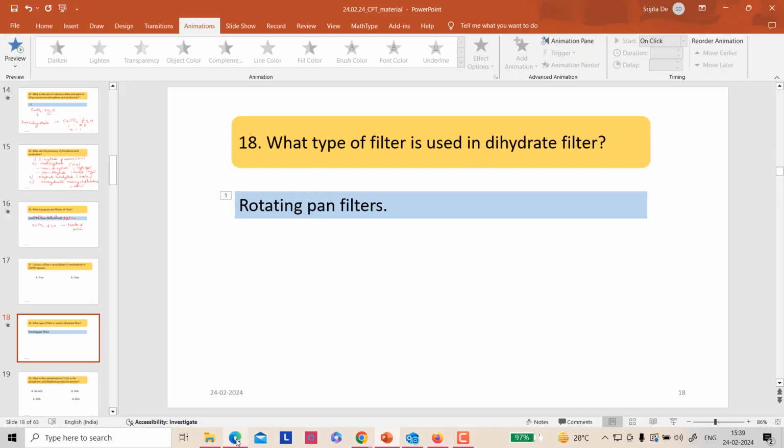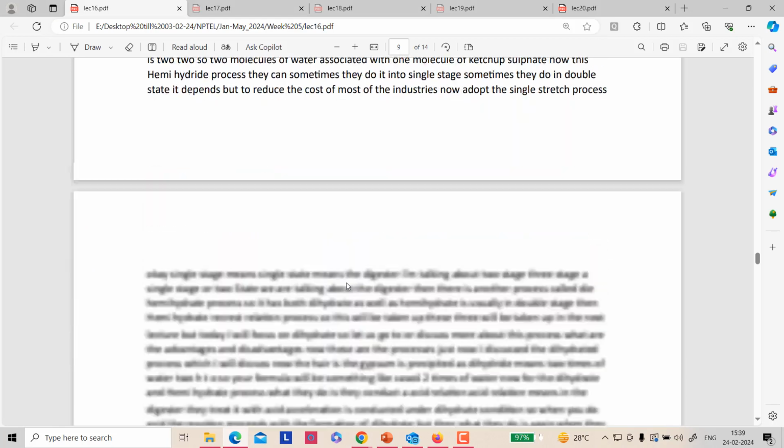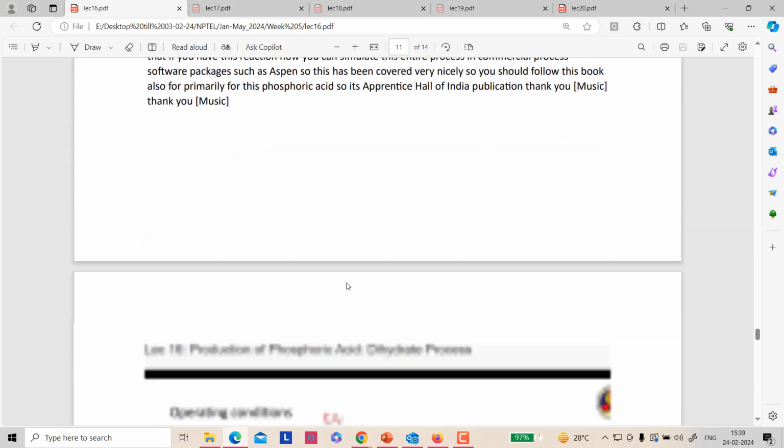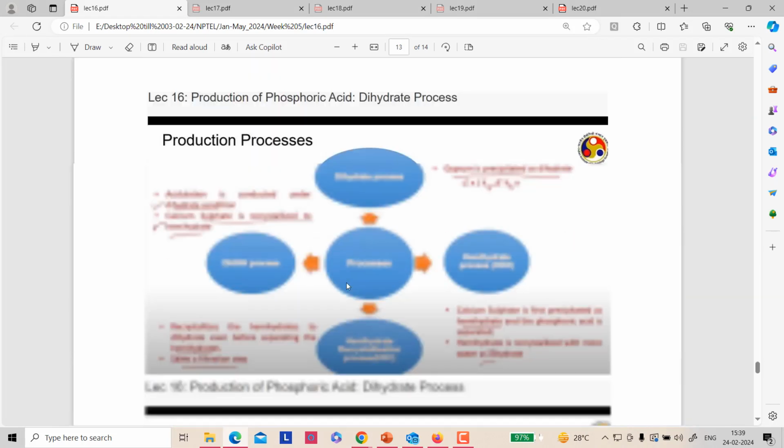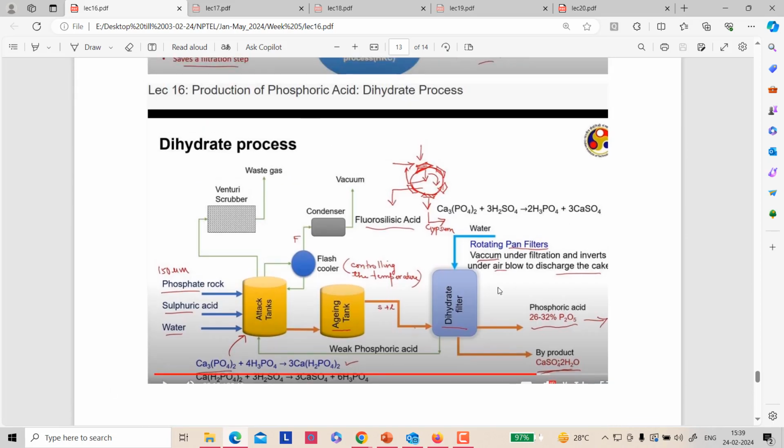So here in the slides you can see this is the dihydrate process flow diagram. Here, rotating pan filters are used because here vacuum filtration is applied and it inverts under air blow to discharge the cake.